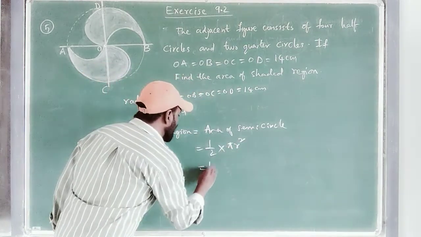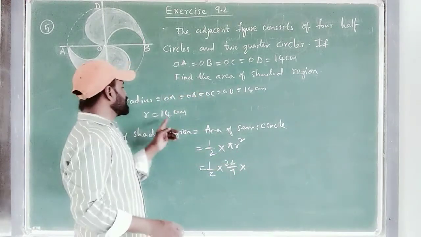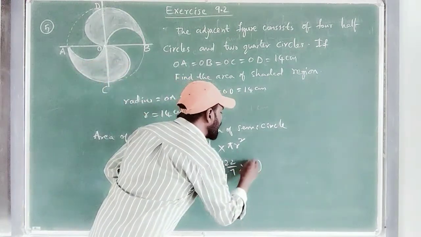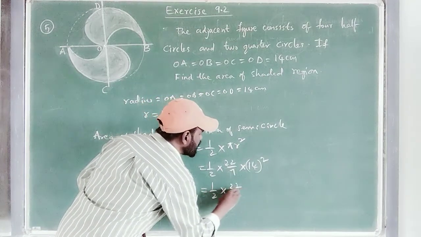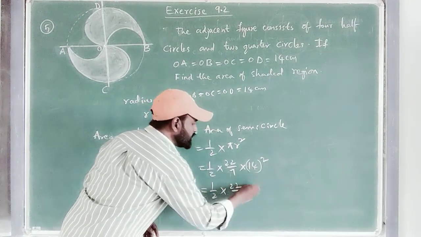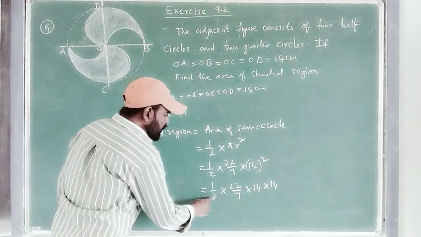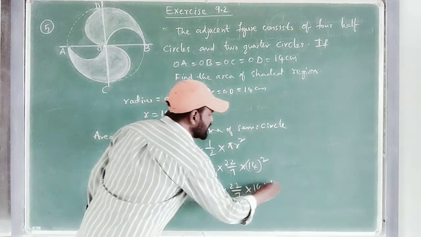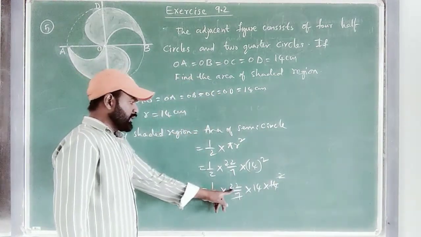Now half into pi means 22 by 7 into r, which is 14, 14 square. Now 1 by 2 into 22 by 7 into 14 square means 14 into 14 two times. Now 7 ones are 7, 7 twos are 14, and this 2 cancels. What is remaining? 1 into 22 into 14.